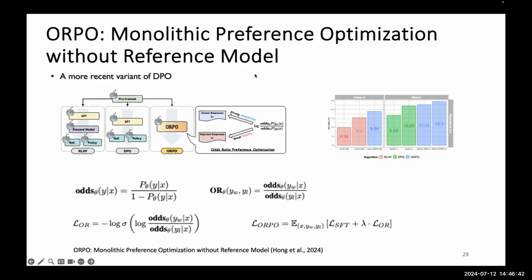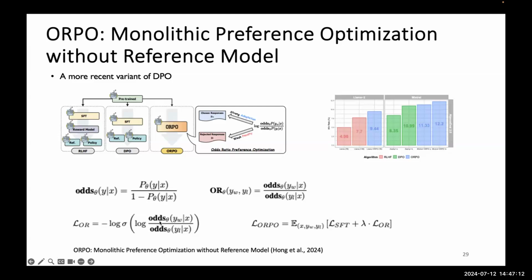But quickly, in terms of the formulation, the way they get rid of the reference model is they replace the denominator with the concept of the odds. So instead of pi theta and pi reference, it is now replaced by 1 subtracted from pi theta. Instead of the reference model as a denominator, you have this odds-based concept.